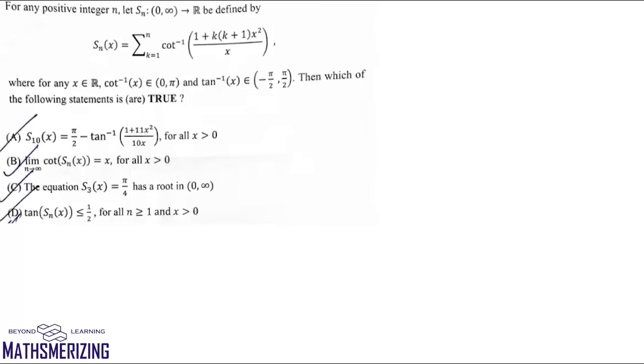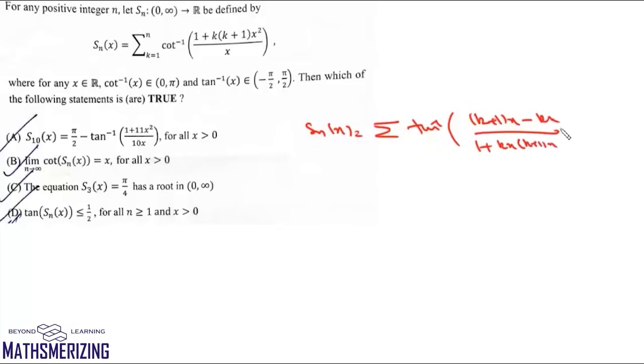Now the next question is a very standard question. We can write this S_n(x) as this summation of tan inverse of ((k plus 1)x minus kx) upon (1 plus kx into (k plus 1)x), which is this summation of tan inverse (k plus 1)x minus tan inverse of kx.